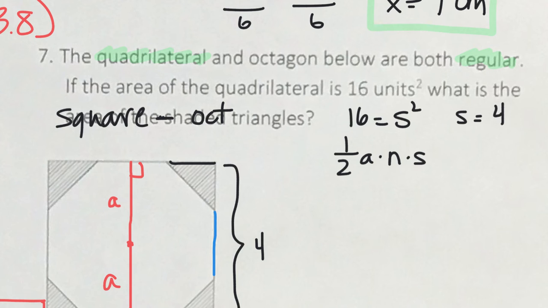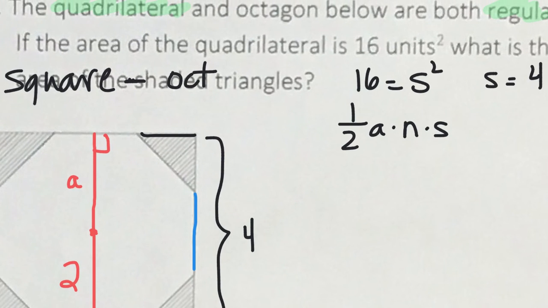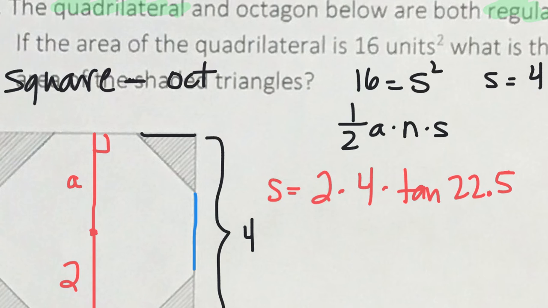The apothem is going to be 2 because it goes from the center, which means it's half of my side length. That's a pretty important concept to understand here, that the apothem of your octagon is half of your side length. And now I think we can do pretty much what we did up above. The side length is 2 times the apothem times the tangent of 22.5, right?